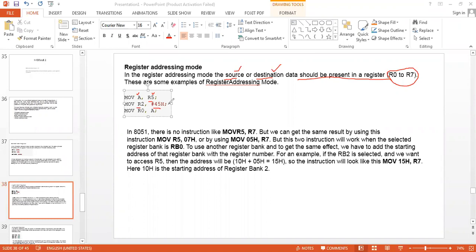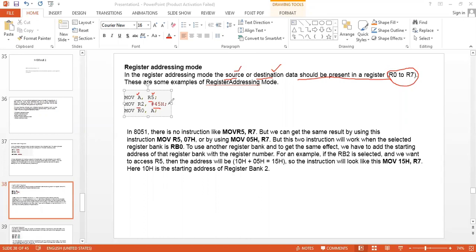Register addressing mode means I have to utilize one of the registers from R0 to R7 in the instruction, and that should be on only one side. I cannot use both registers from R0 to R7 here.